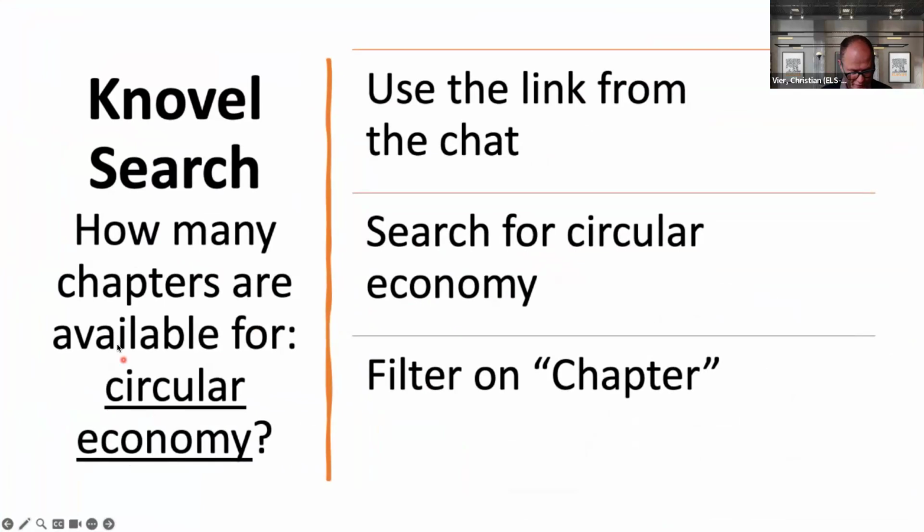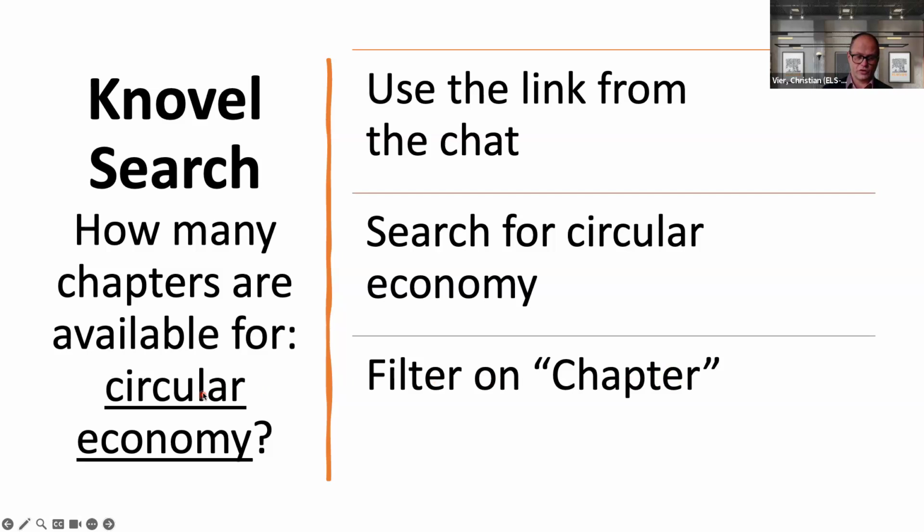So we now search for energy transition. Now I want you to go into Knovel with the link from the chat box, the second one I gave you, or through your library, so you get access to Knovel if you have access. You type in circular economy into the search box and you search, and then you filter on chapter, and you please let me know how many chapters you get for circular economy.